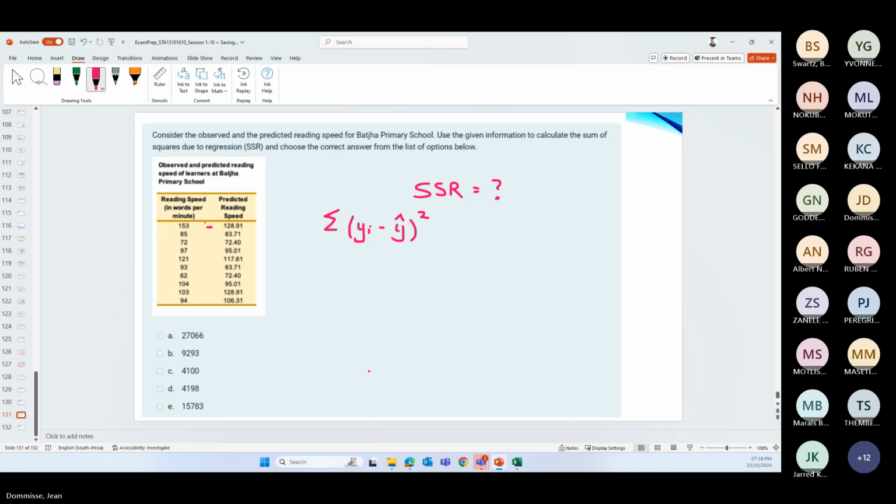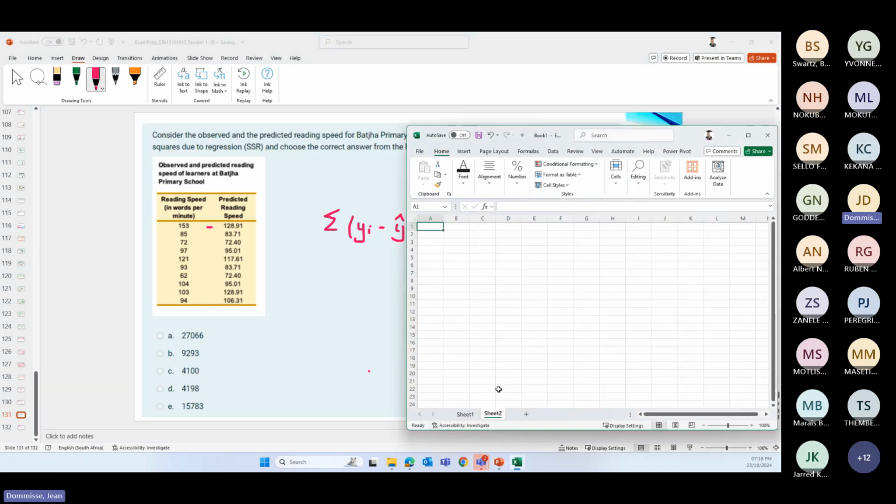So again, not easy or quick to do on a rough piece of paper, because you would need to say that minus that to the power of 2 plus that minus that. So this again is something that I will afterwards share, this formula sheet.